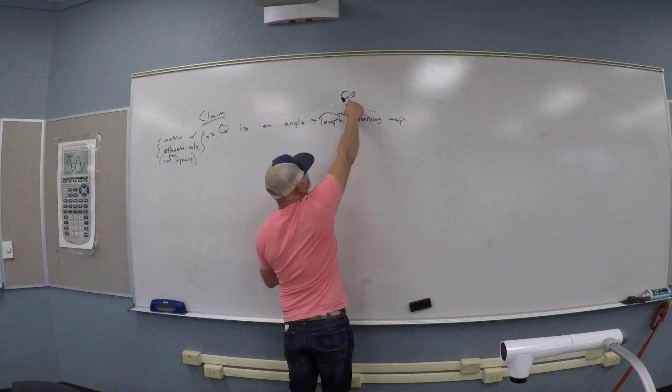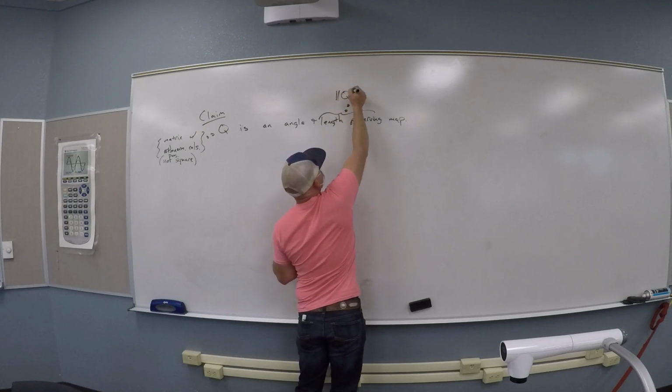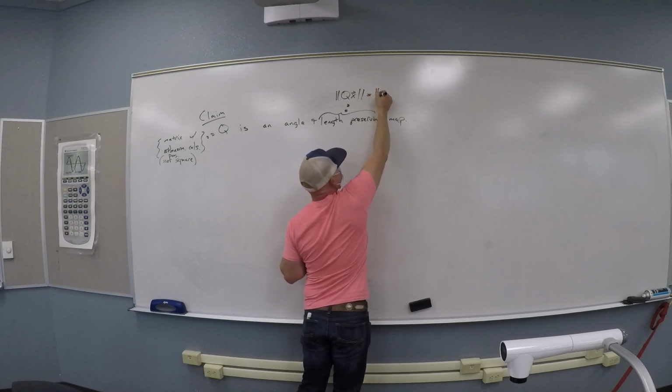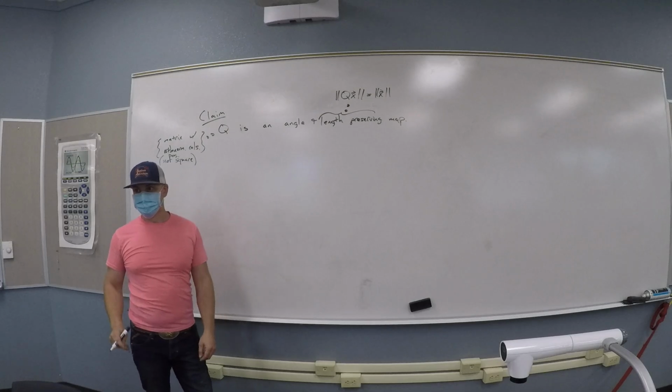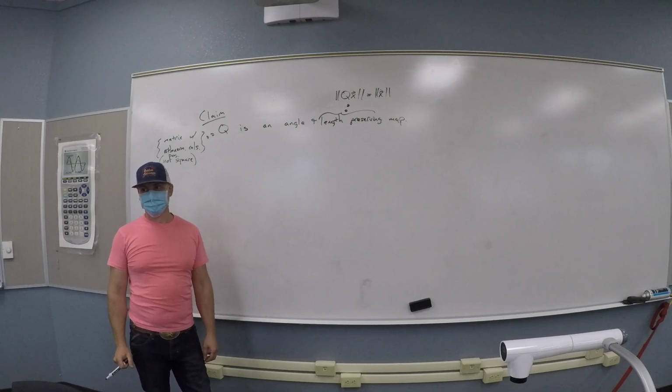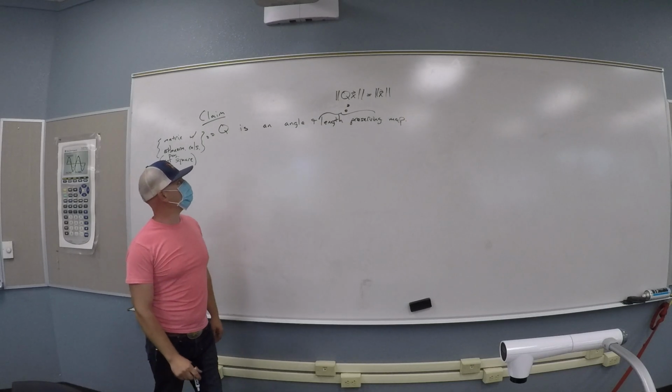So if I do the matrix Q to a vector, the length of that is the same as the length of the vector. Is everyone on board with that? Okay, cool. That's what it means to be length preserving.